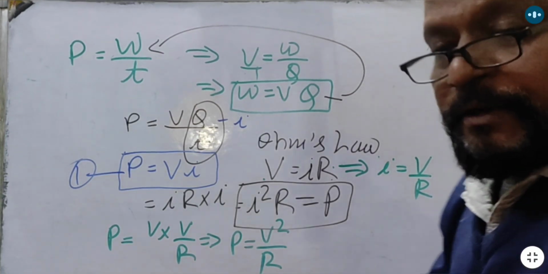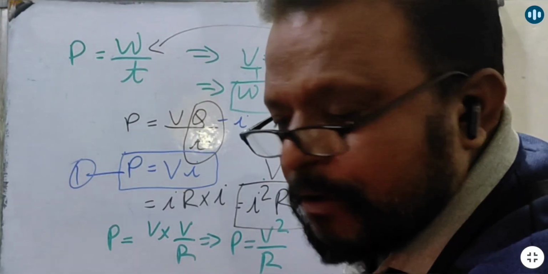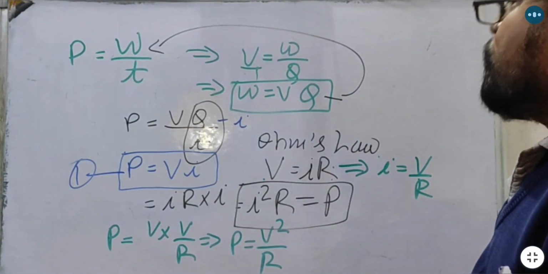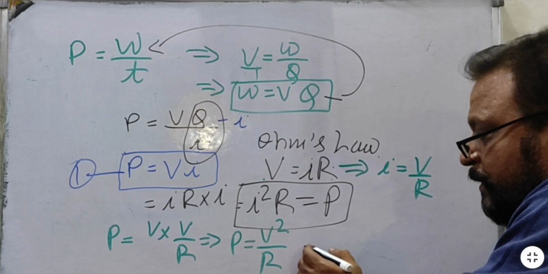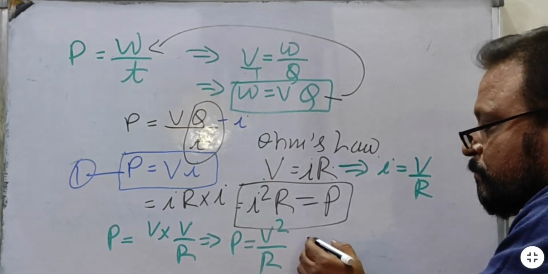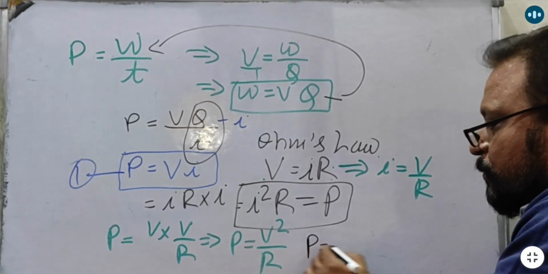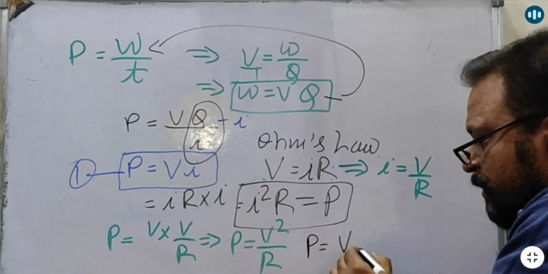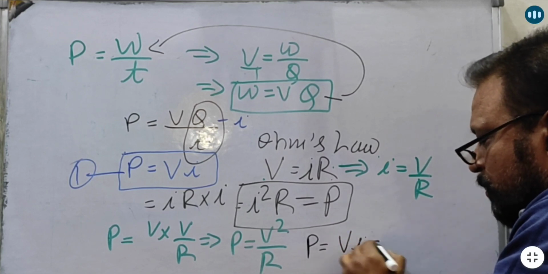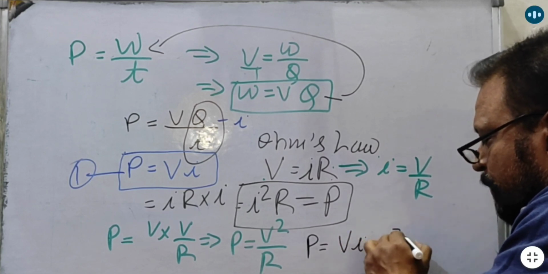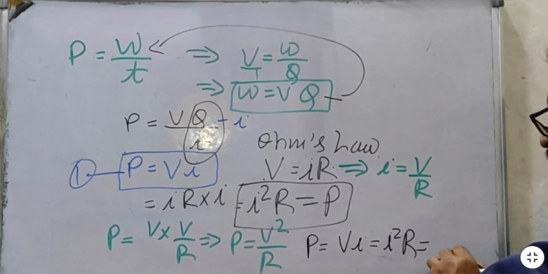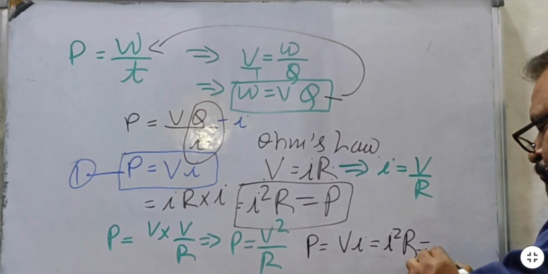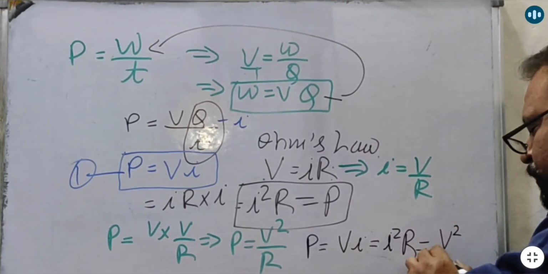So in total, now we have a sequence of formulas that we can say: power is equal to VI, or I square R, or V square upon R, right?